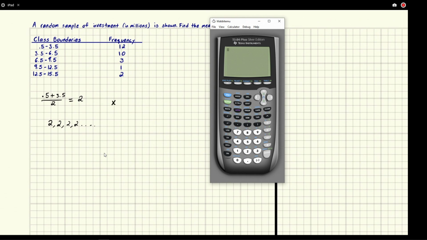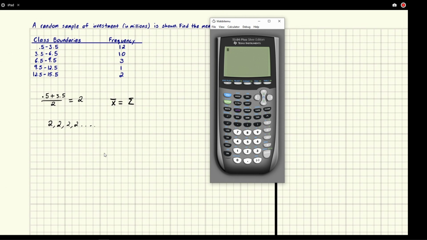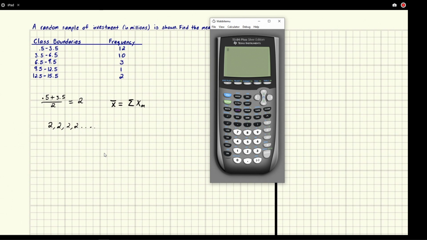Now, since these numbers repeat, some smart people came up with a formula that takes advantage of the fact that they repeat. For the mean, we've got all these 2s, which is the midpoint. So we add all these midpoints, xm, multiplied by the number of times they occur.